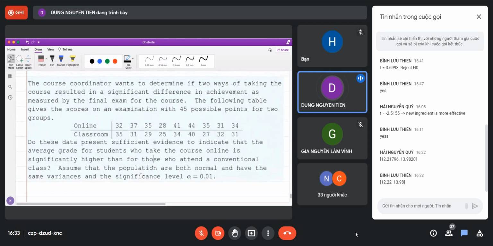The course instructor wants to determine if two ways of taking the course resulted in a significant difference in achievement as measured by the final exam for the course.